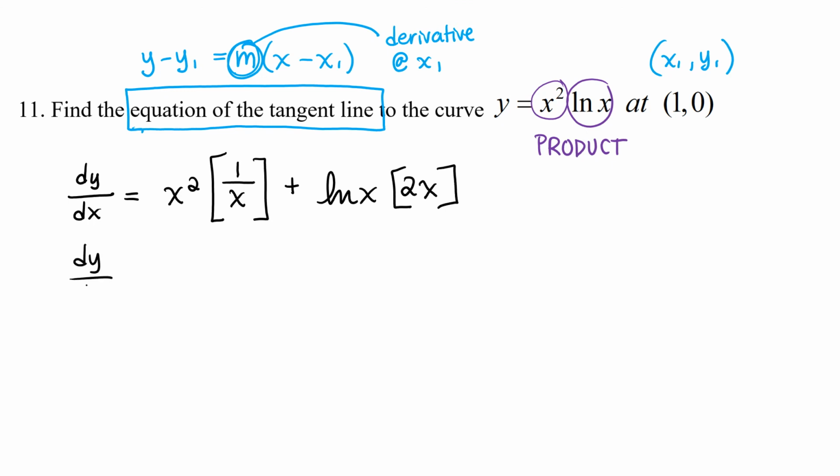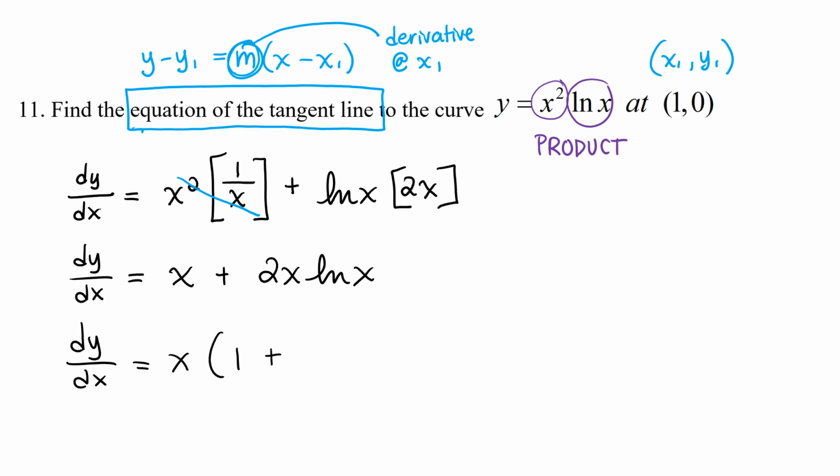So dy/dx is equal to x, because these will cancel out, plus 2x natural log of x, and I could actually factor out an x, but, well, I'll do it. We don't really have to do it this time. So we have x times (1 plus 2 ln of x).